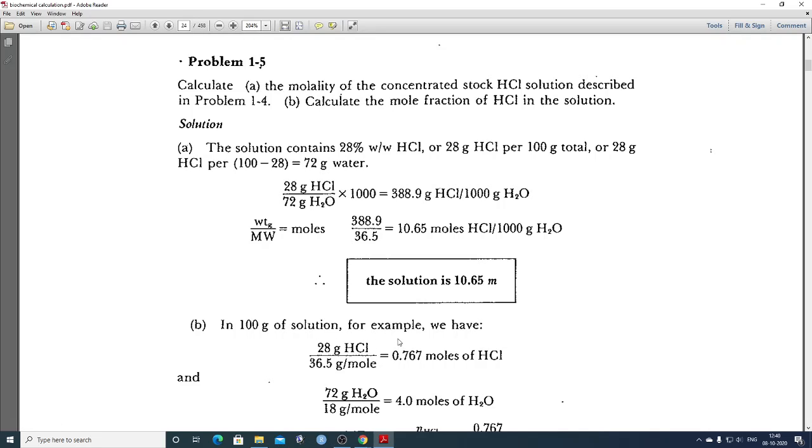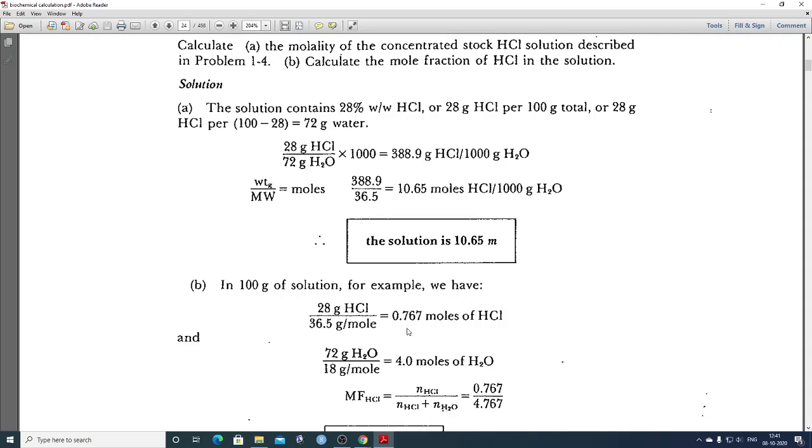So we have 100 grams of solution here. 28 gram of HCl divided by 36.5 grams per mole gives a total of 0.767 moles of HCl. Okay. So for 100 gram, 0.767 moles of HCl.